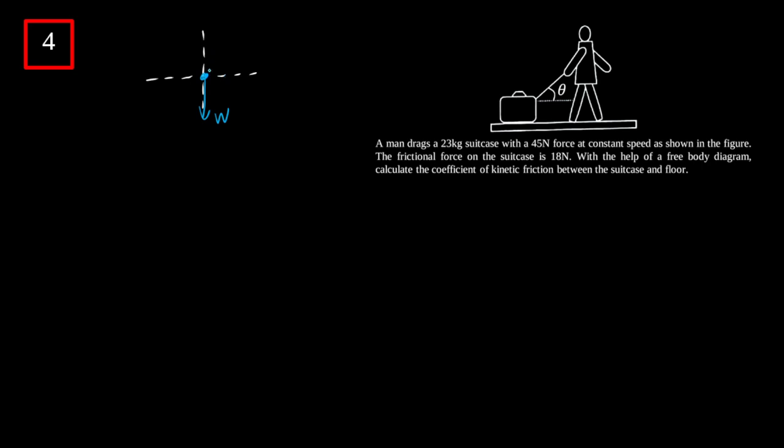Then I'll have the external force at some angle, and let me label that angle. Then I'll have the normal force going in the positive y direction, and of course, the frictional force in the negative x direction as well. So that's my free body diagram.